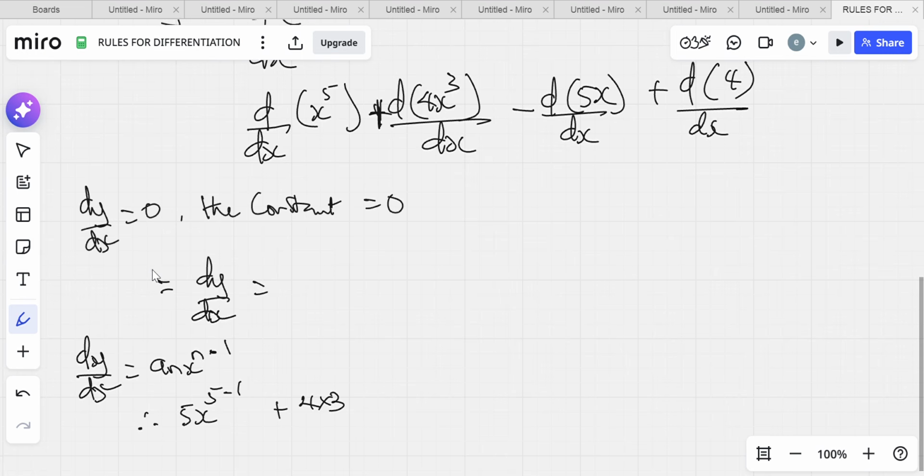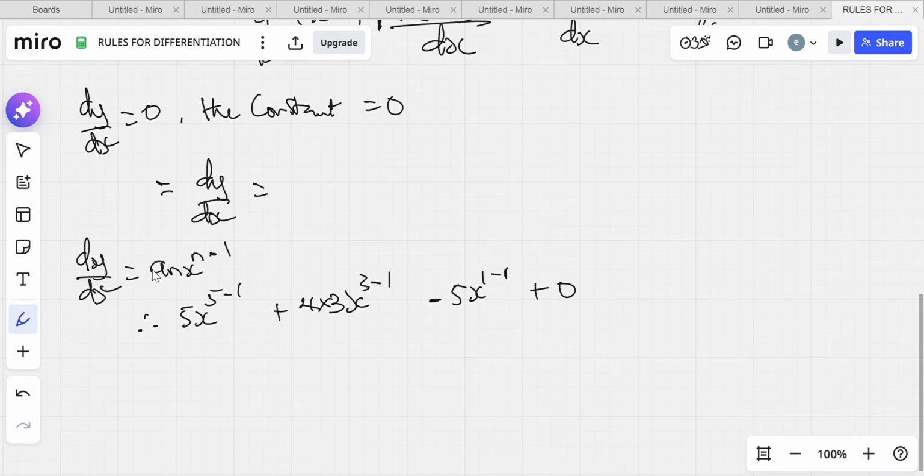Okay, 4 times 3x raised to power 3 minus 1, minus 5x raised to power 1 minus 1 plus 0. That is the constant.